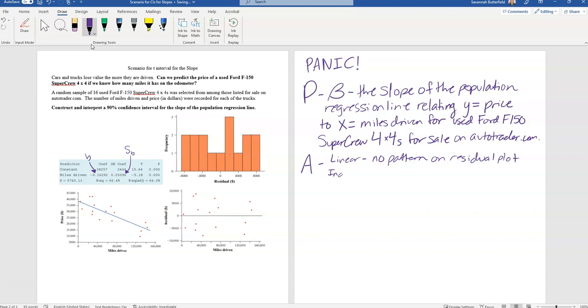Now remember, I stands for independent. And that's my 10% condition. So it told us that it was a sample size of 16.